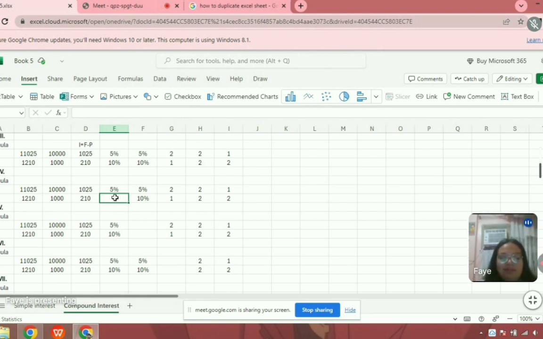So m is 2 multiplied by 1. Here F is 1210 over 1000 minus 1. So that is 10%.